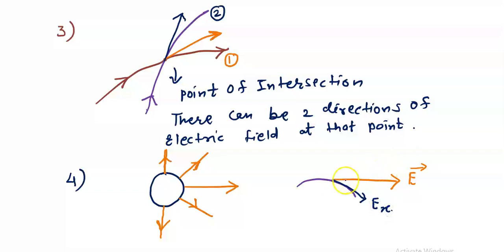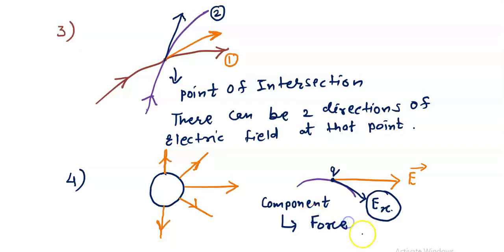Now any charge which is present at this point, this component will be acting over this charge. This component of the electric field will produce a force, and because of this force applied over the charge, the charge will start moving.